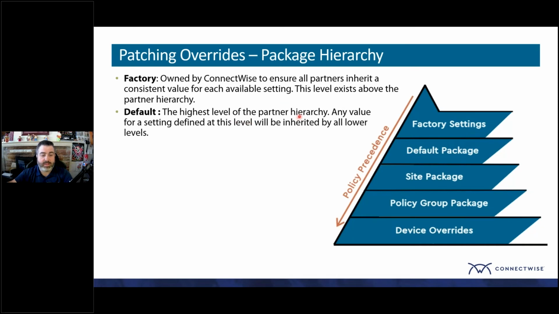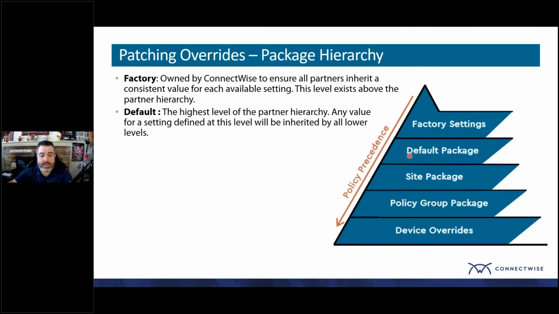This is the highest level of the partner hierarchy that you can see. So any value that you set here is defined and it is inherited by all these lower levels if we don't set up anything below here. So thinking back to that global desktop patching policy, that was our default policy, or a default package rather.